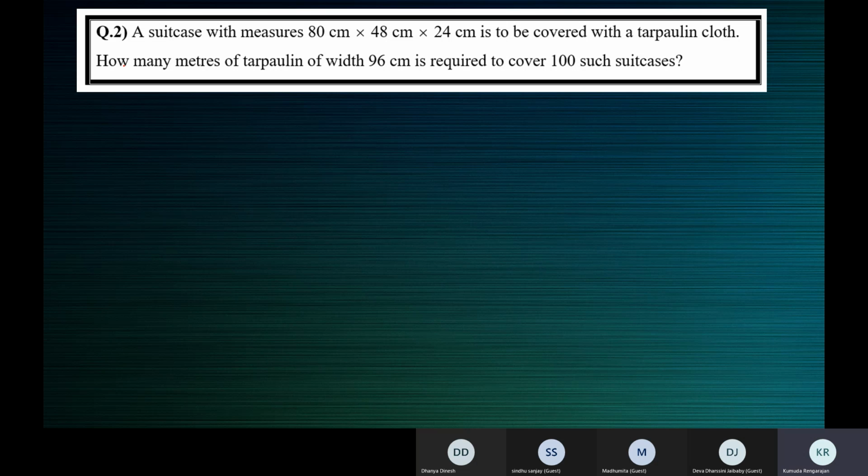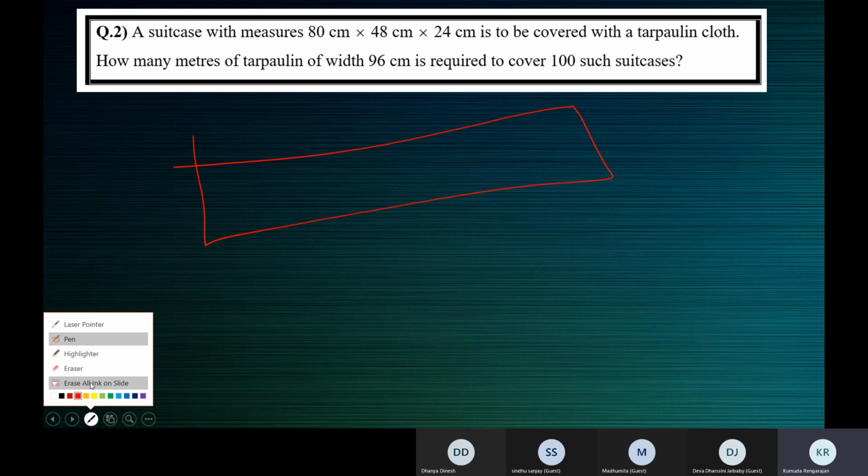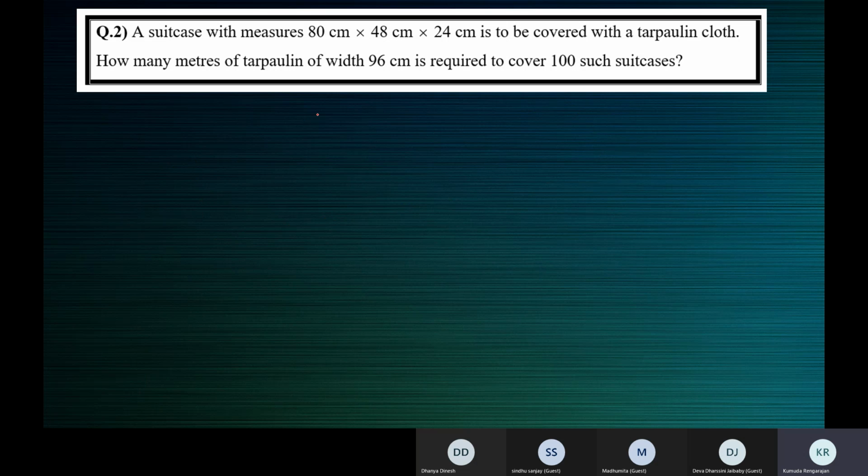If you've ever gone to the market to purchase material, you will be specifying to the shopkeeper the length of material you need. The material is rectangular. The fabric is wound around a stick.